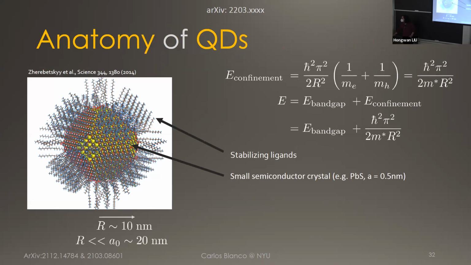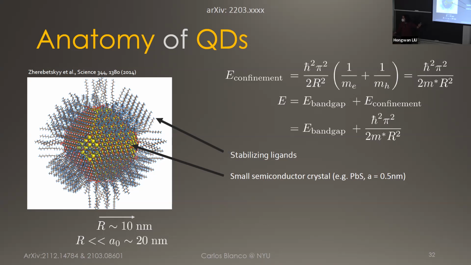This is what that looks like. It's just a nanocrystal, usually covered by some stabilizing ligand, and the reason you do that is to be able to pull them into a suspension, usually of alcohol. The characteristic radii here are of order 5 to 10 nanometers.